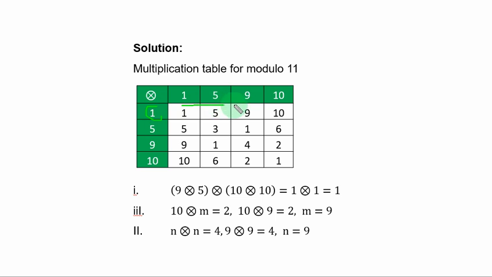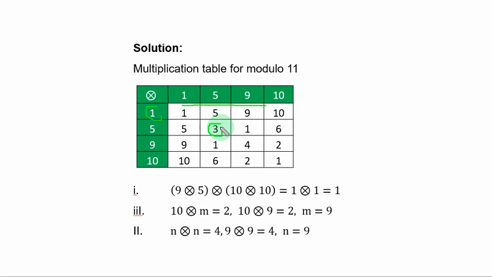You have this result. 5 times 1 is 5. 5 times 5, how? 5 times 5 is 25. 25 is not an element in module 11. So you divide it by 11 and you have 2 remainder 3.